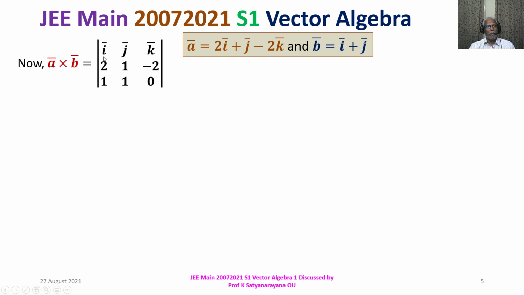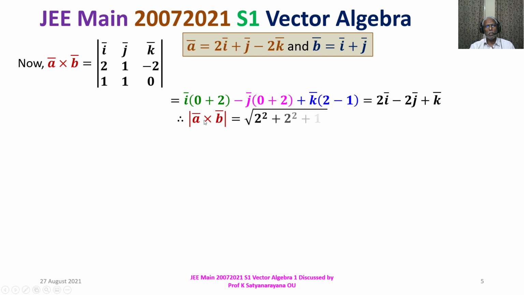And expand this determinant by the first row, that will be equal to i bar into 0 minus of minus 2, that is plus 2, minus j into 2 times 0 minus of minus 2, that is plus 2, and k bar into 2 into 1 minus 1, that is 2 minus 1, that is 2i minus 2j plus k.